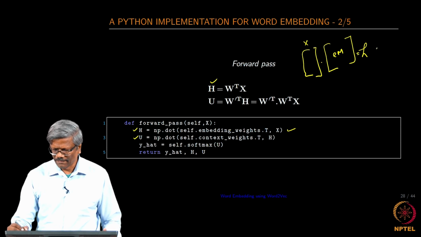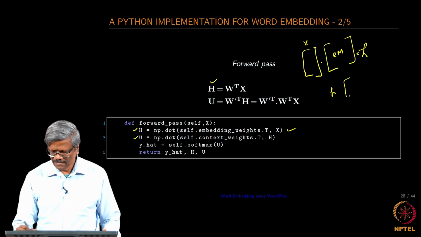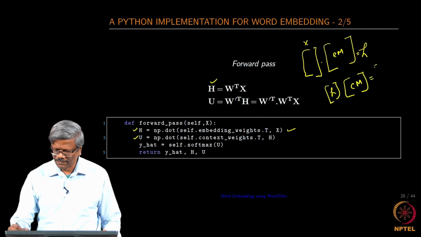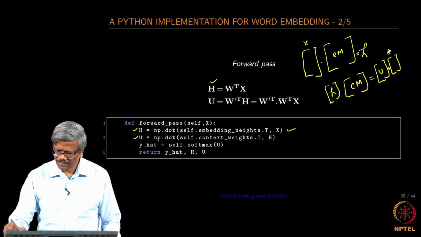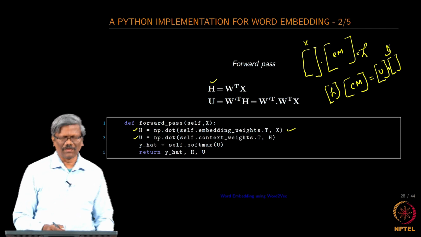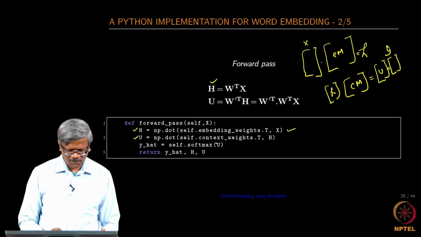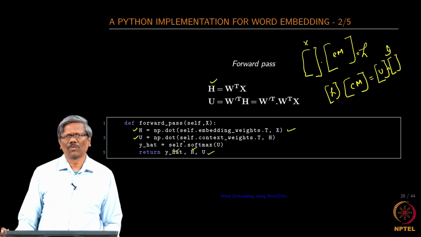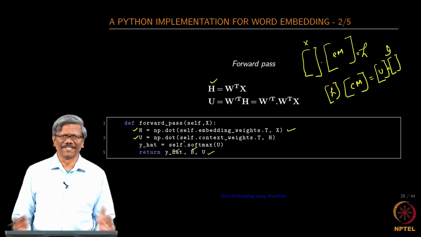So, we have H here, and then you have the context matrix. Now, we will give you U, and then this results in y hat. Okay, and then I return all the three values in one go. Okay. So, we have computed H, U and y hat in the forward pass. How easy it is, right.